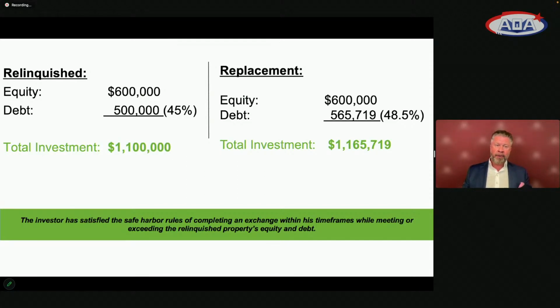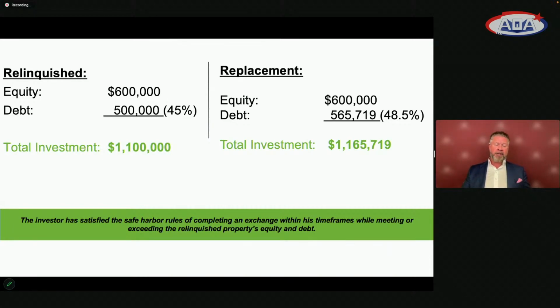So your total investment is 1.1 million. And what do you have to do? Go equal or greater. So in this case, they went a little greater. They went to an Inland DST where we had a loan from a third party at 40.5%. As you can see, they went from 1.1 million in investment up 3.9% to 1.165719. This works. And because they're taking on a little more leverage, they're getting more depreciation.